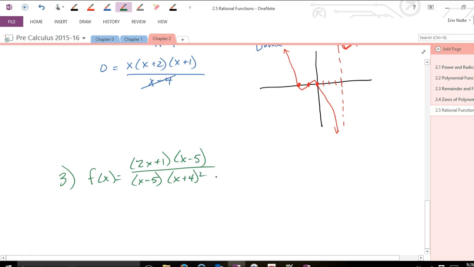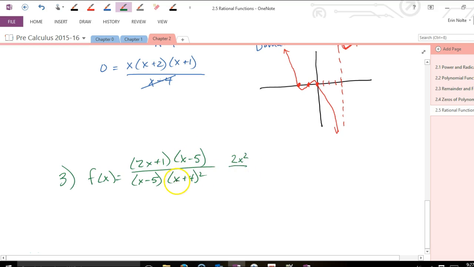Okay, so the first thing we want to do is think about the horizontal asymptote. In this particular scenario, everything is in factored form, and we can't tell anything about horizontal asymptotes unless it's in standard form. So if I was going to get it in standard form with FOIL, I'm just thinking about the first term. I'd have 2x times x, which would make 2x squared for that first term.